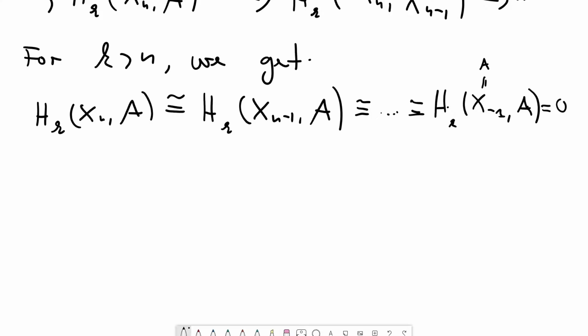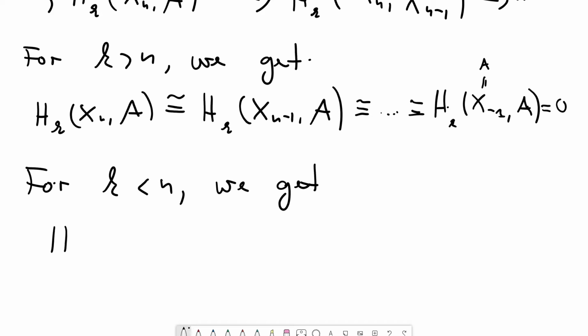And the second thing is we still obtain zeros in case k is strictly smaller than n. And now how can we use these isomorphisms in this case? Well, then we've got H_k of (X_n, A).